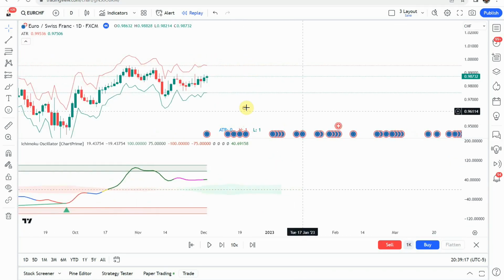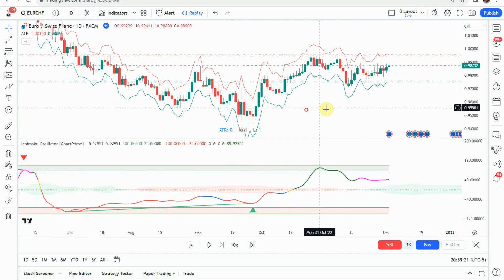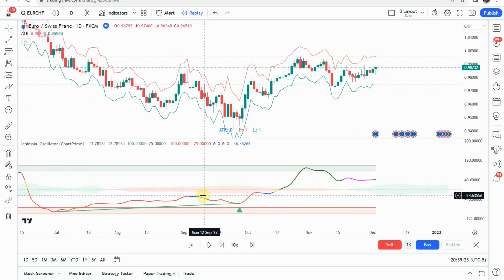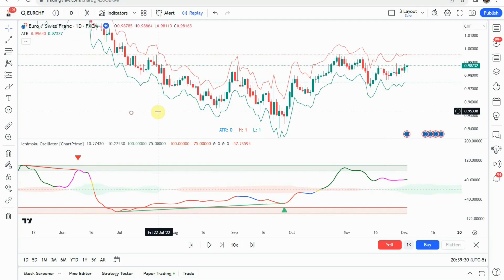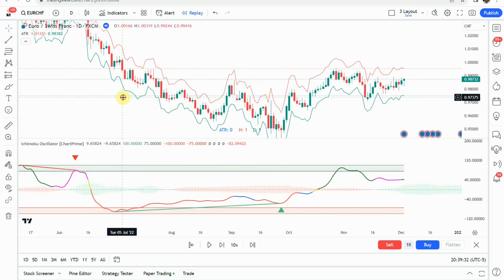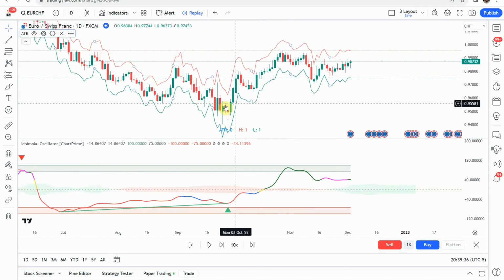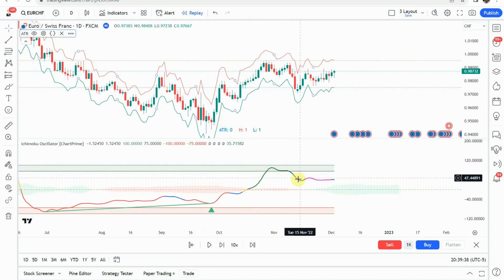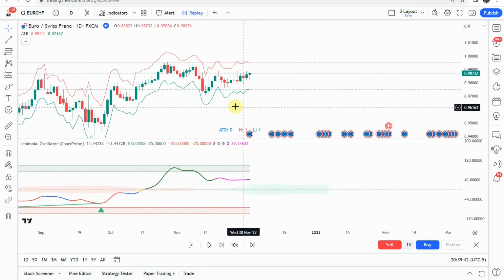So now the strategy itself is rather simple. When this main oscillating line is below the 0 line, it is red and it is indicating that there is an overall short trend occurring in the market. When it's above the 0 line, green, that means there is an overall uptrend in the market.